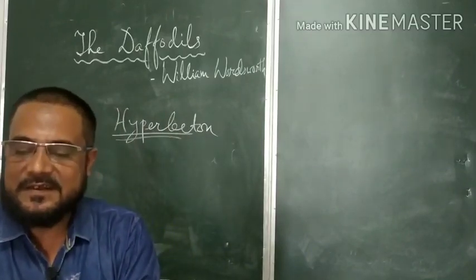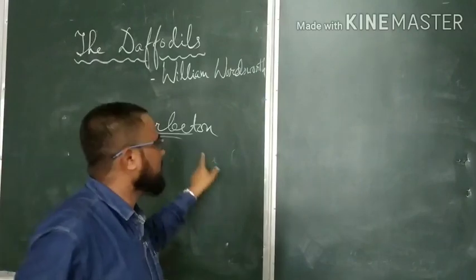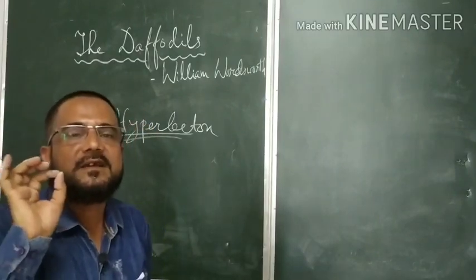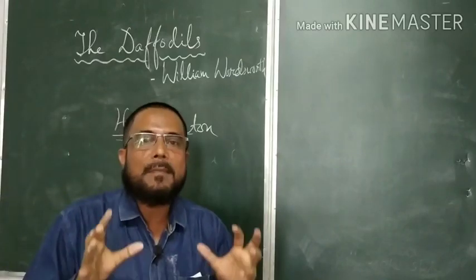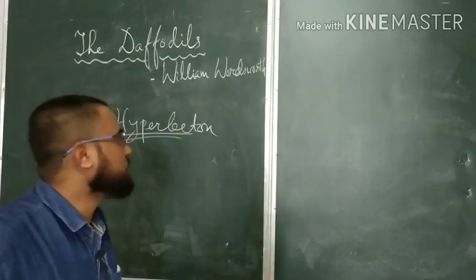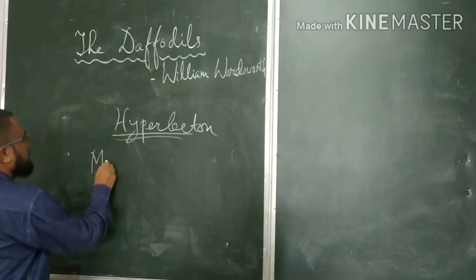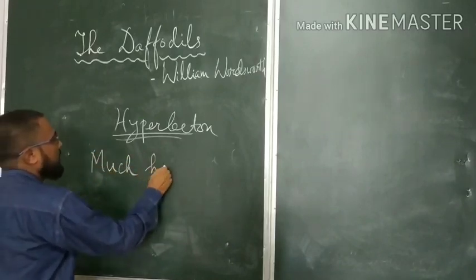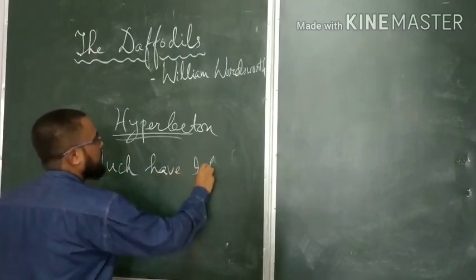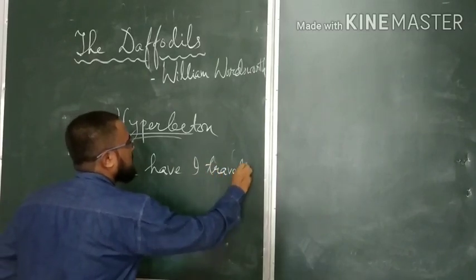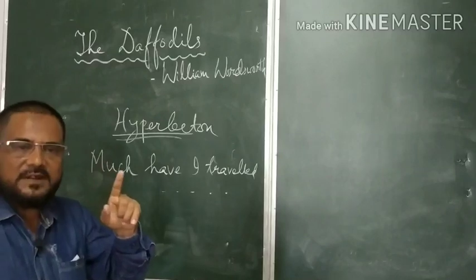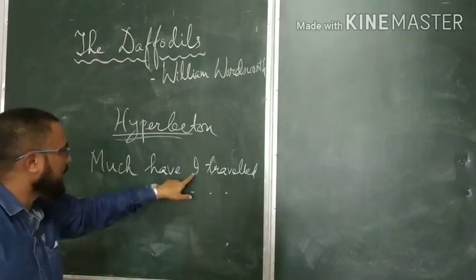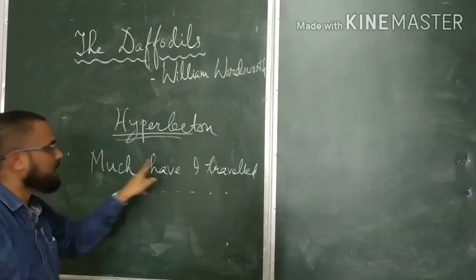Some very interesting, very famous examples of hyperbaton is one poem by John Keats. The very first line of the poem is, "Much have I travelled in the realms of gold." See this line. These are the lines of Keats. Actually, so far as grammar is concerned, this should have been "I have travelled much."